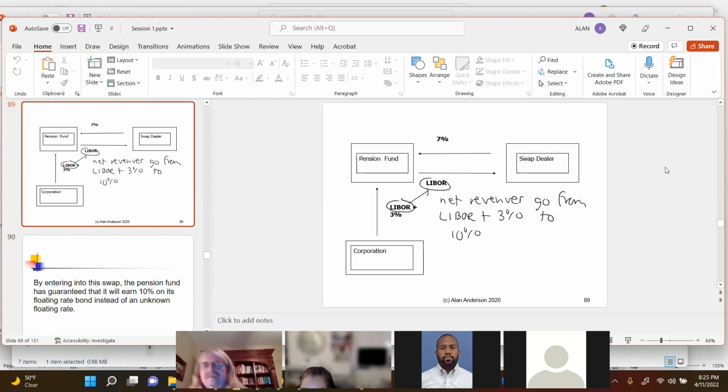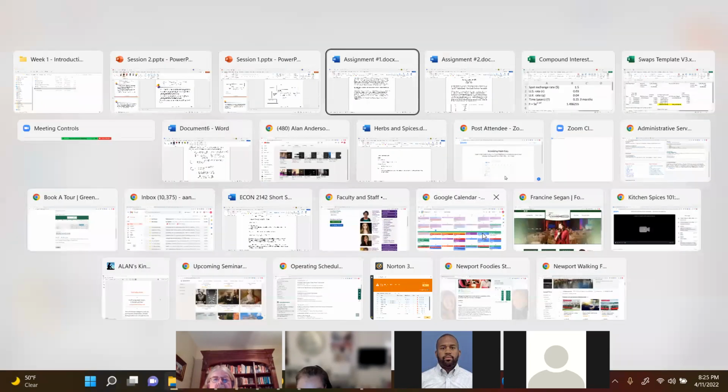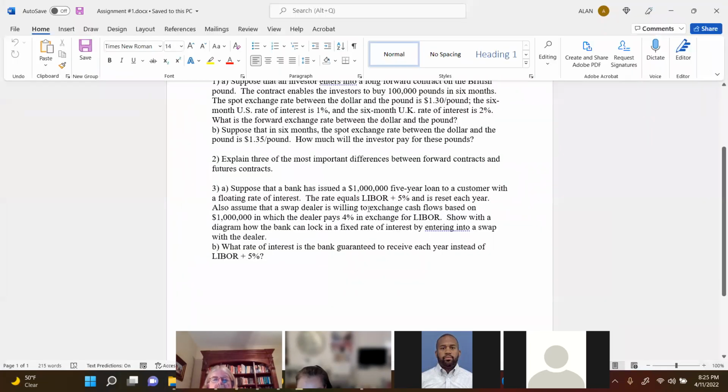But in that example, they're only swapping LIBOR, but the rate was LIBOR plus 5%, right? Yes, they have to tell you, like here, for example, the dealer will pay us 4% for LIBOR.